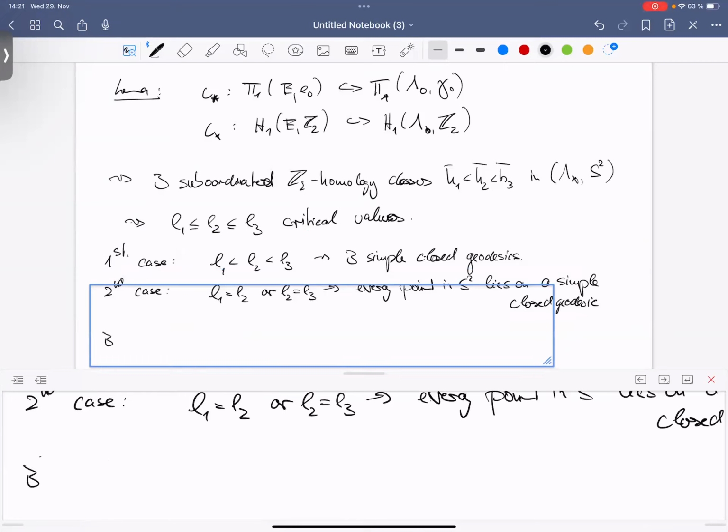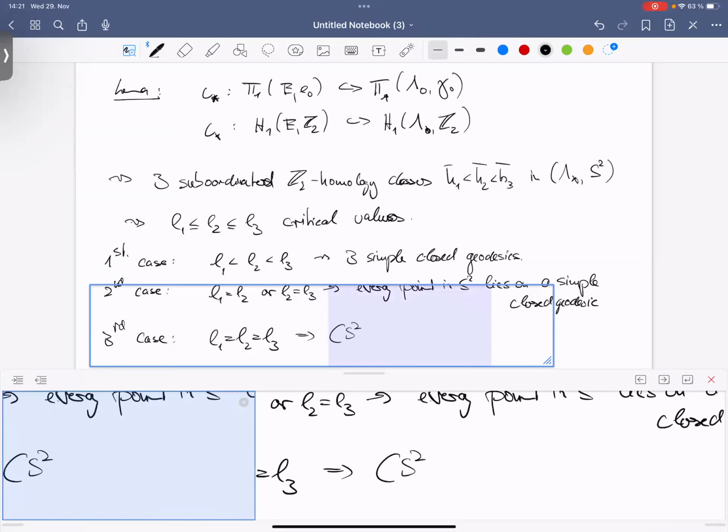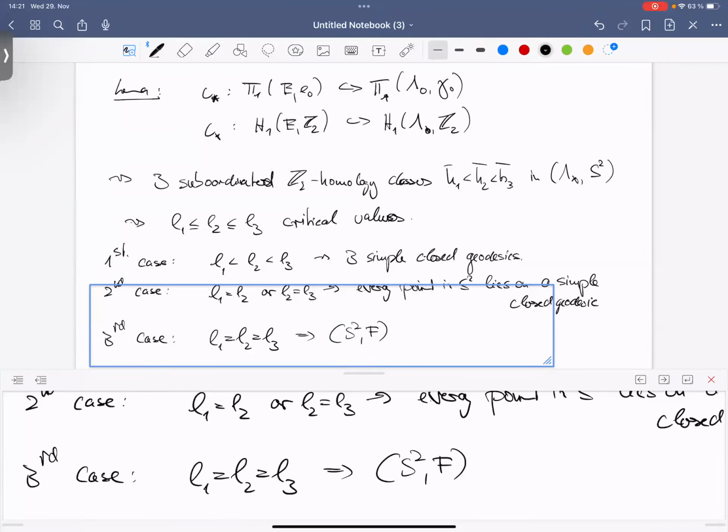And the third case, which was also a bit overlooked before, not overlooked, but the consequences of it were not really discussed. If all three values coincide, then you actually have a reversible Finsler sphere, all of whose geodesics are simple closed.